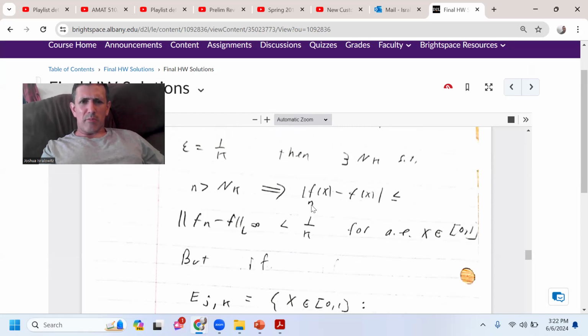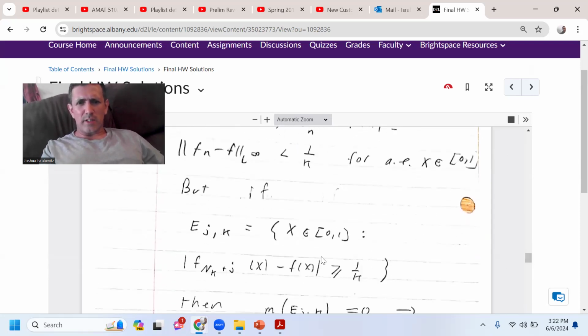So for n_k plus 1, the set where this is false has measure 0. For n_k plus 2, the set where this is false has measure 0. Basically, all of these sets have measure 0. This represents n_k plus 1, n_k plus 2, n_k plus 3, and so on.